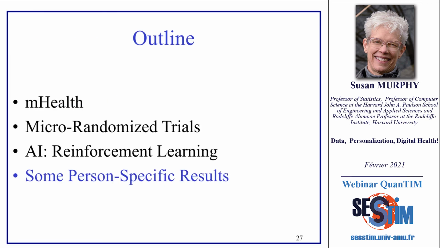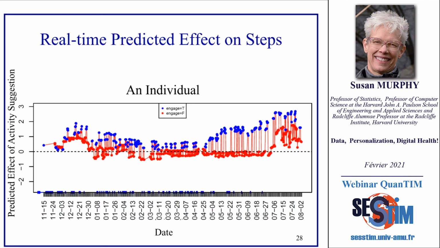So I just want to show you some results. This is one individual in the study. This is a study that went on in Seattle, Washington, by a large health maintenance organization in that area. This individual has stage 1 hypertension. The horizontal axis is the day in the study.